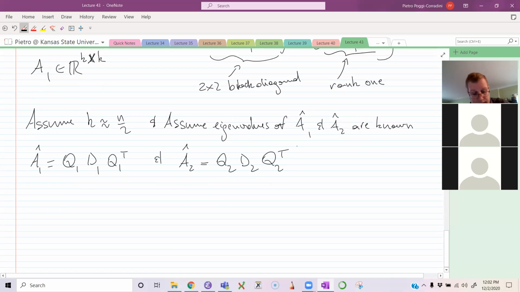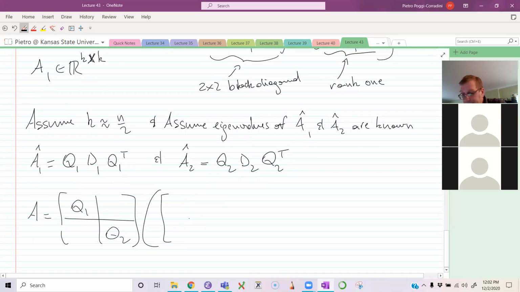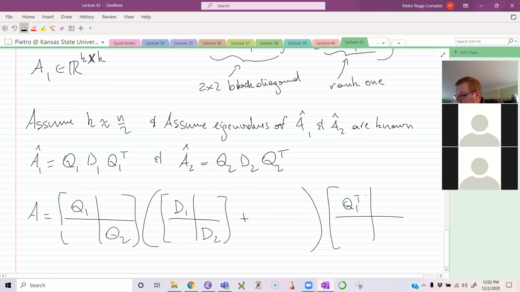I claim that then I can rewrite A as the block matrix of U1, U2, times the block matrix of D1, D2, plus some term here, times U1 transpose, U2 transpose.